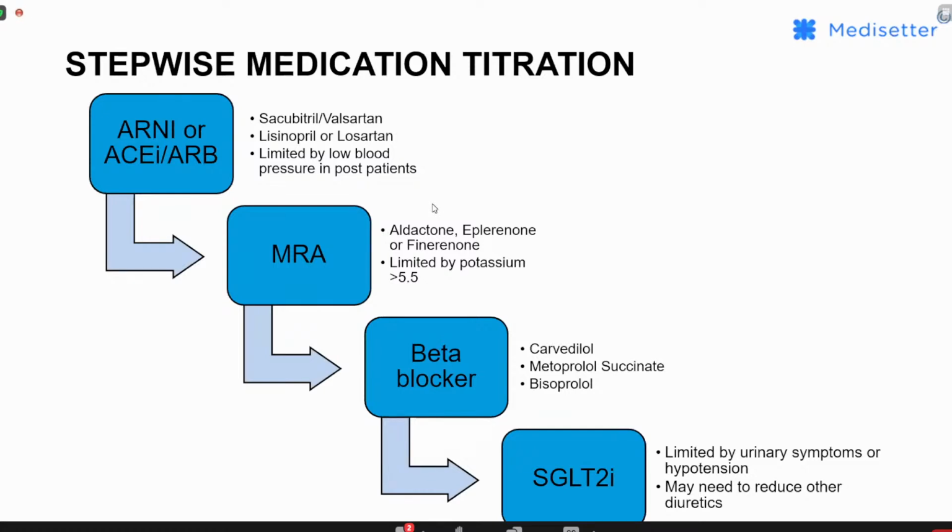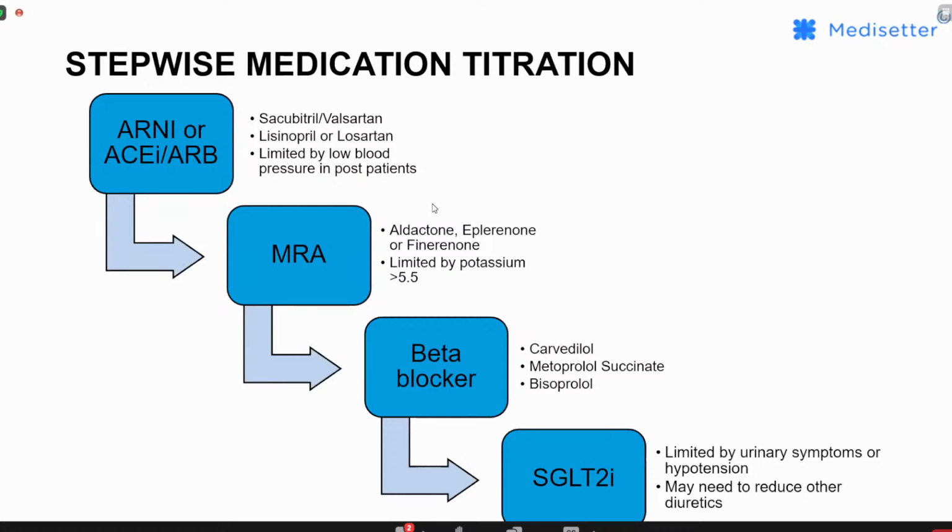And the one thing that's also important to understand is if somebody is started on an SGLT2 inhibitor, so if they're started on Farxiga or Jardiance, so dapagliflozin or empagliflozin, those medications need to have some adjustment of the patient's diuretic.